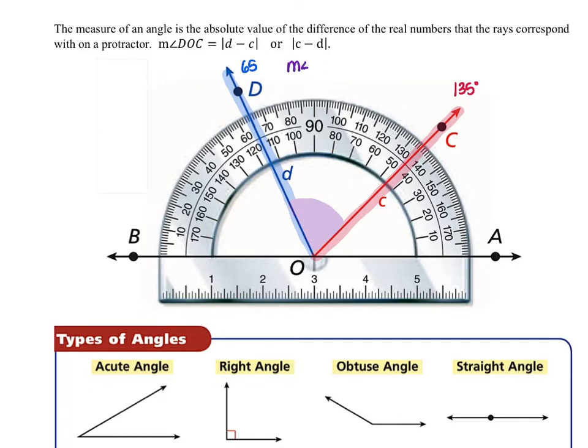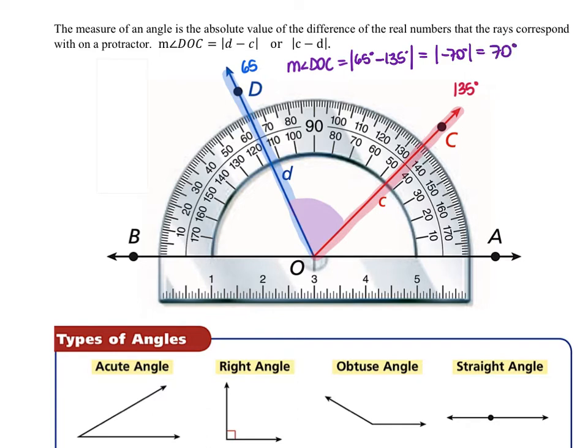The measure of angle DOC is equal to the absolute value of 65 degrees minus 135 degrees, which is going to give us the absolute value of negative 70 degrees, which of course is going to be 70 degrees.